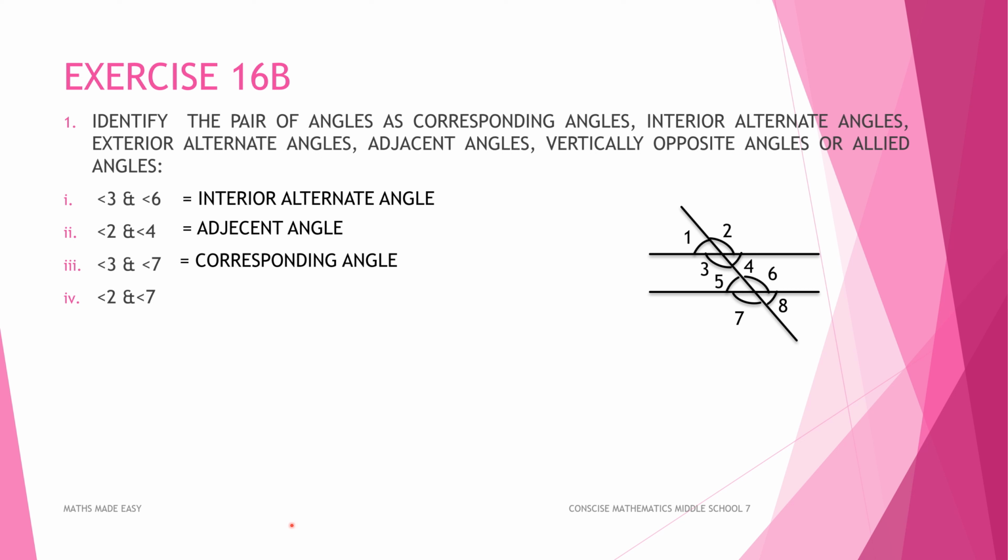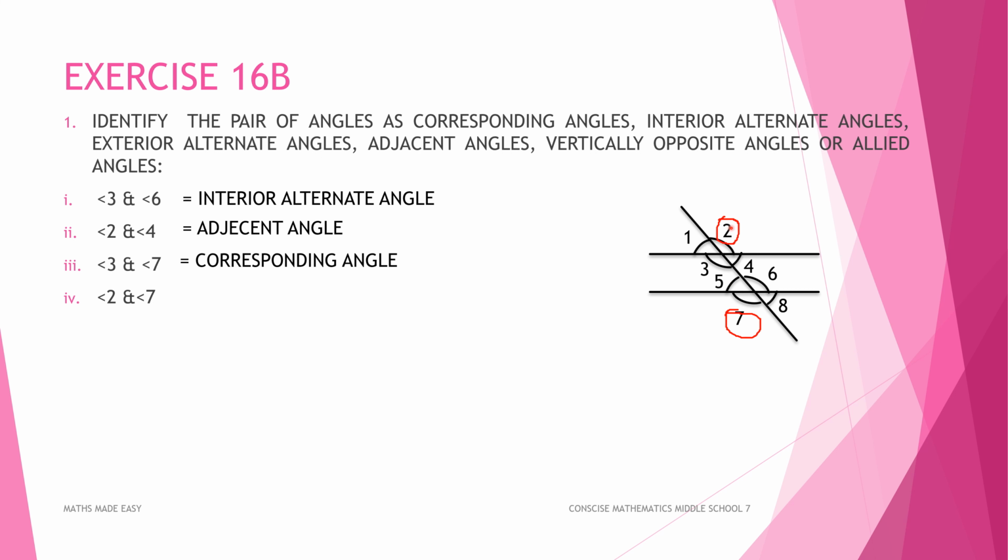So here 2 and 7. Most of them will forget how to find these angles. So this is one of the easiest ways to remember. Yes, here one angle is 2 and another is 7, right? Look at this angle 2.